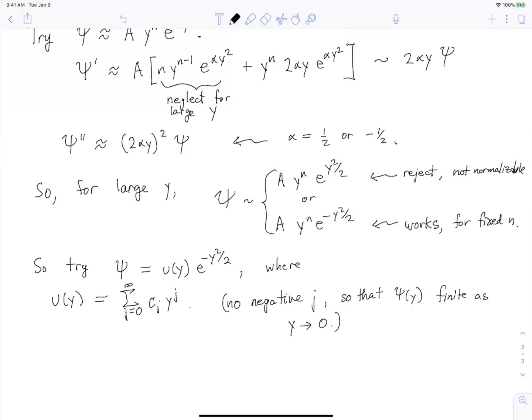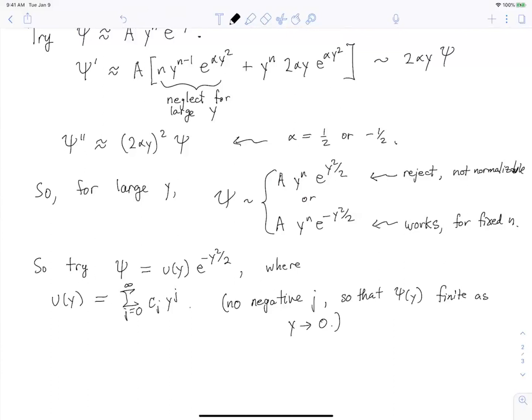All right, so the point there is there's nothing really weird or special at y equals 0, which is the same thing as x equals 0. That's not a particularly special point. And so there's no reason why the wave function should blow up there at all.